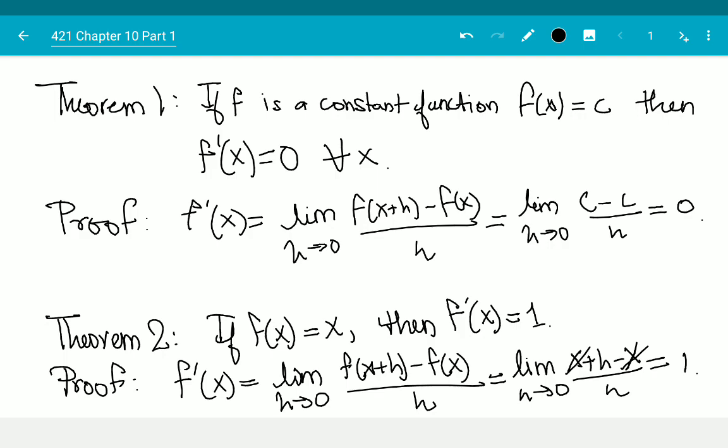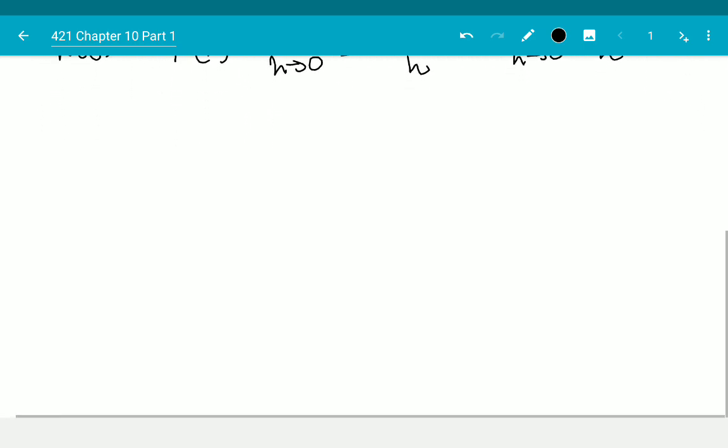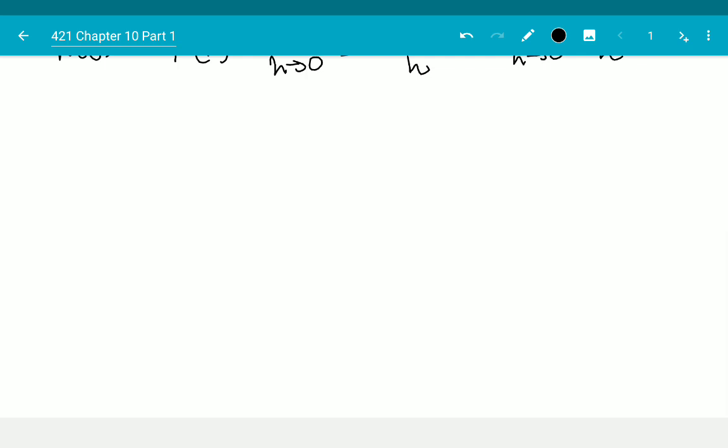Great. I have set up the base cases, more or less. Now, let us do some theorems which are slightly more non-trivial. Theorem 3. Let me just write these down all together.